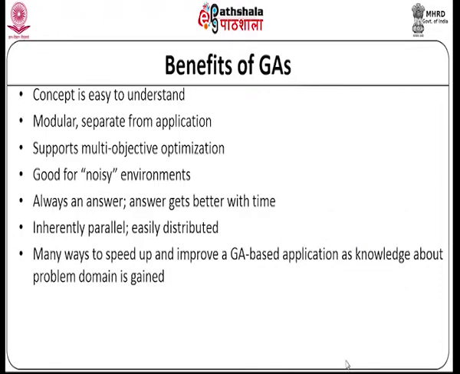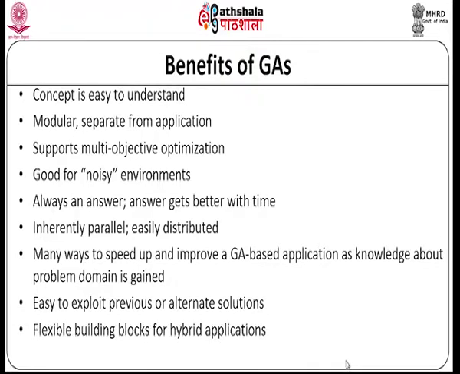There are many ways to speed up and improve a GA-based application as knowledge about the problem domain is gained. As you gain more and more knowledge about the problem domain, it is possible to speed up and improve a solution. It is easy to explore previous or alternative solutions, and there are flexible building blocks for hybrid applications. Remember that some of the problems are more suited depending on the application.